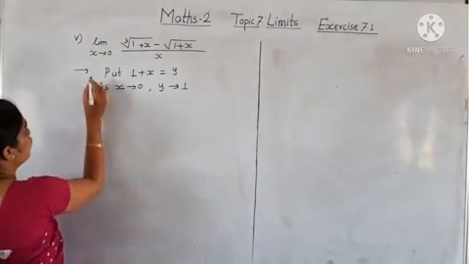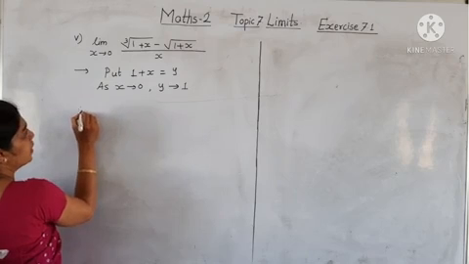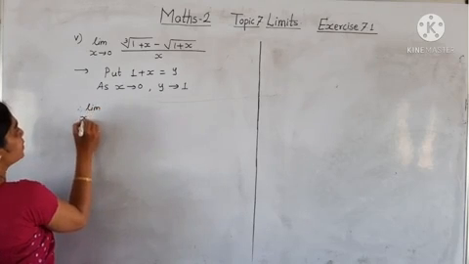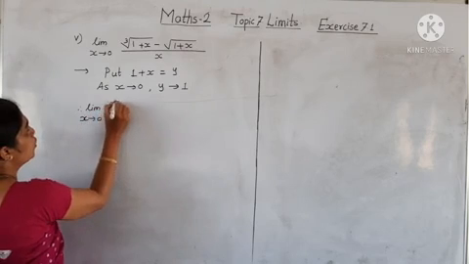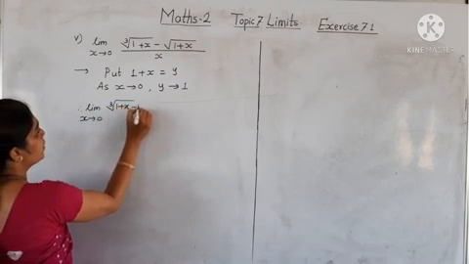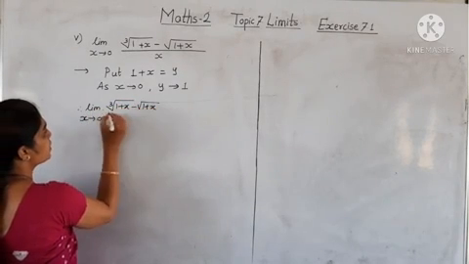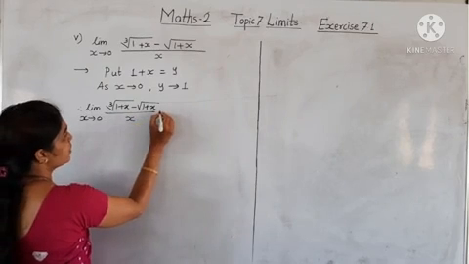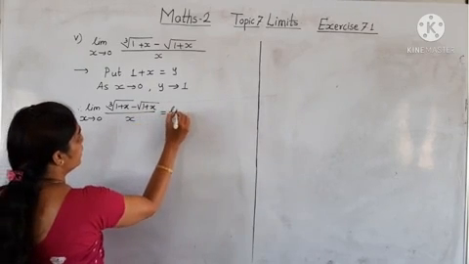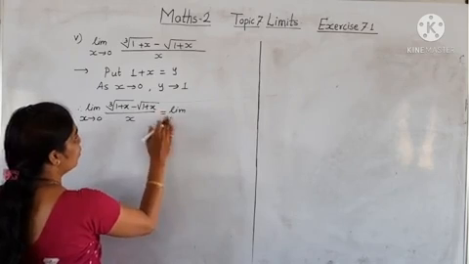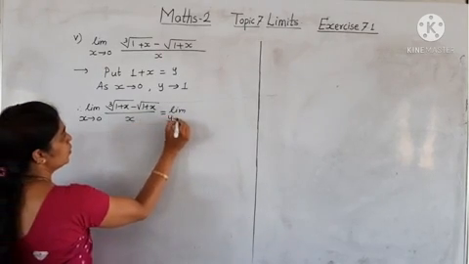Therefore our limit x tends to 0, cube root of 1 plus x minus root 1 plus x upon x becomes a limit where y tends to 1.